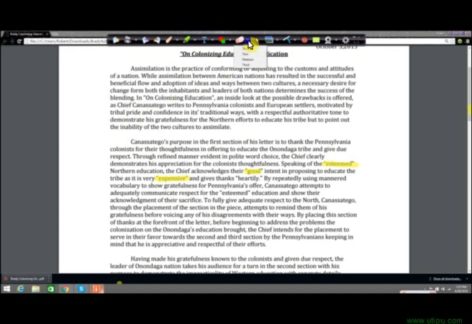I've done that before when I ran out of time, and it's not a trick that will work, and it really just makes your piece terrible to read. So you want to have small, effective quotes like esteemed, good intent, expensive. They're using quotes properly.